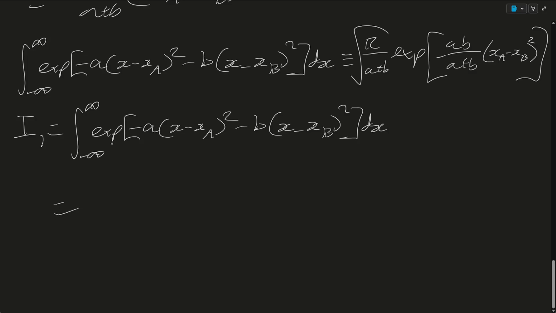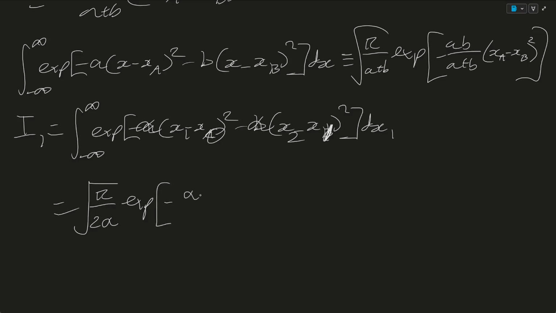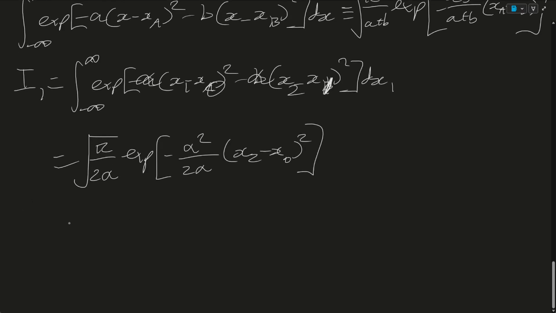Which is equal to, this should be x1, that should be x0, that should be x2, that should be x1. The x1, everything else is fine, so this yields pi over 2 alpha. I forgot, this should be alpha. That should also be alpha because we got that earlier. Exponent of minus alpha squared over 2 alpha (x2 minus x0) squared, which is pi over 2 alpha.